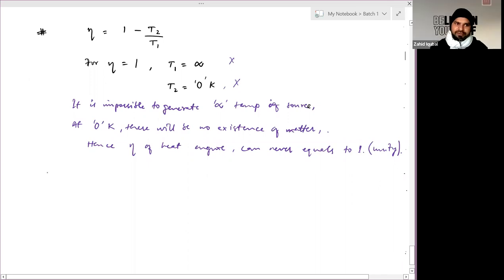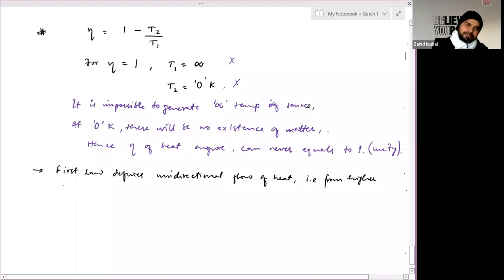Now, there is some limitation of first law. First law simply defines that flow of heat is unidirectional, that is from higher temperature body to lower temperature only, and reverse is not possible.